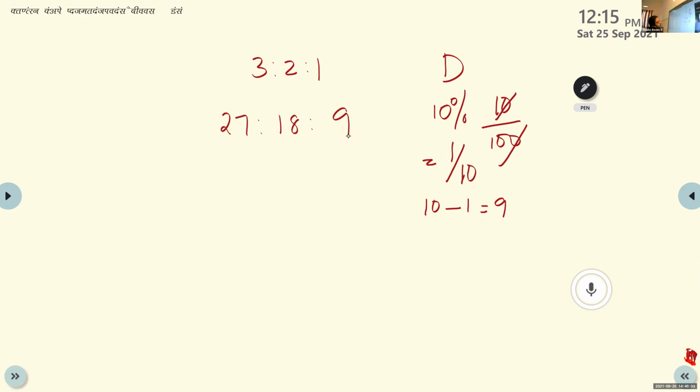Then 3 plus 2, 5. 5 plus 1, 6. All this goes in the table of 3. So 9 is to 6 is to 3 is to 2.